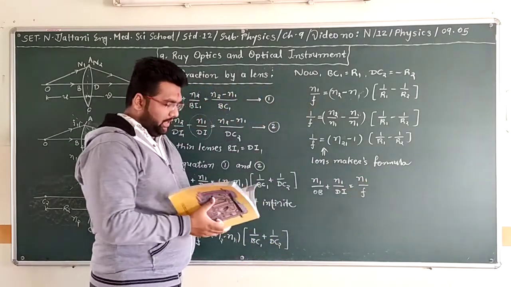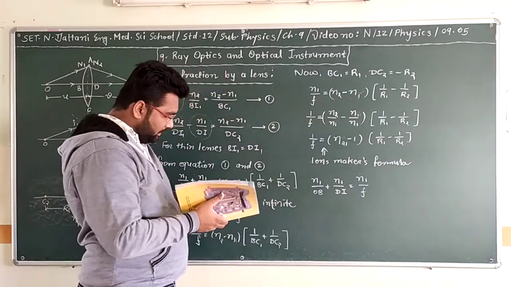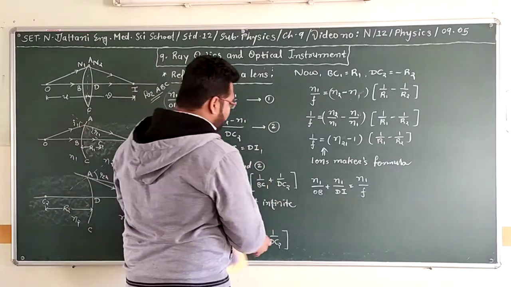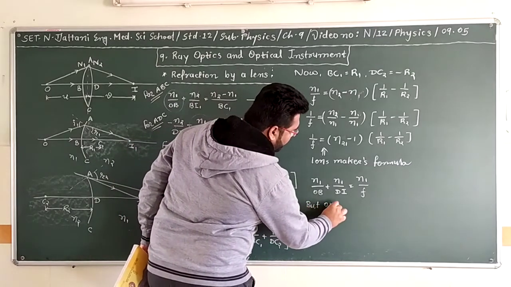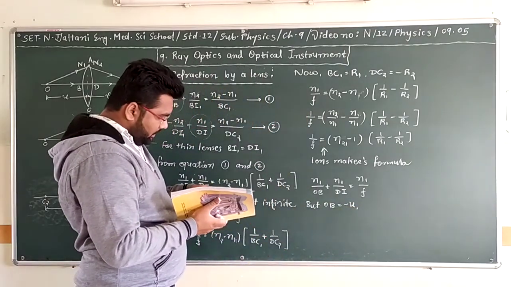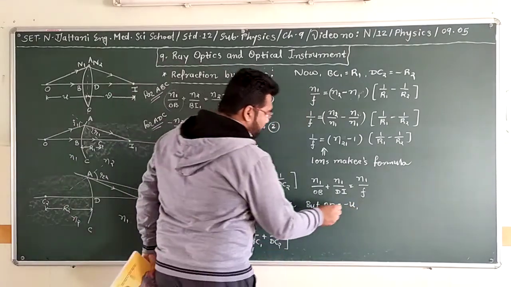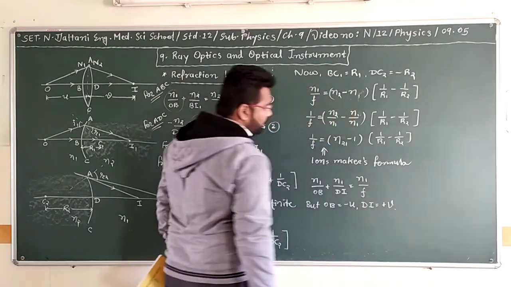Here OB is our object distance, which is minus u, and di is the distance of the image, which is plus v.